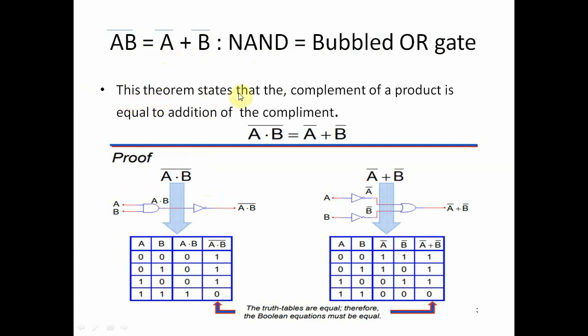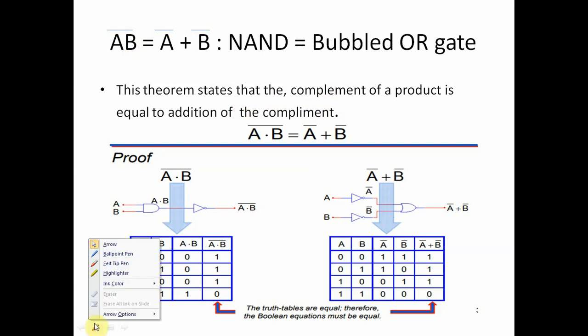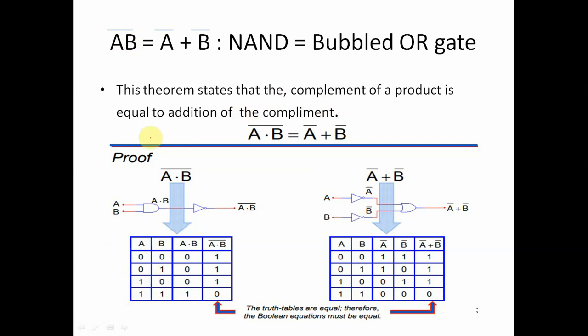This theorem states that the complement of a product, where AB is the product and (AB) bar is the complement, is equal to the addition of the complements. So (AB) bar is equal to A bar plus B bar.